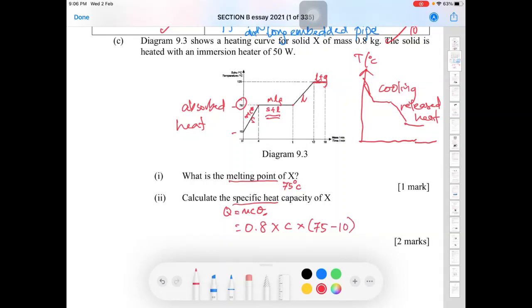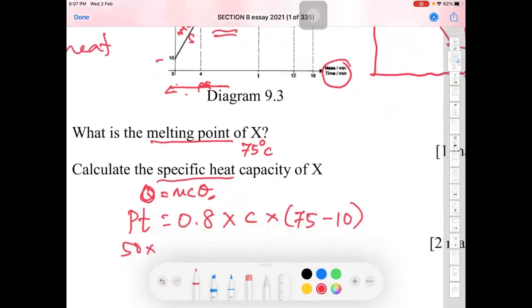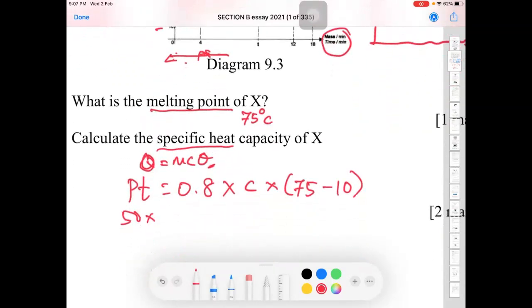See, what about the heat yang you panaskan? You panaskan the X is actually you guna PT. So power dia adalah 50 dan the time is actually apa? So the time dari sini ke sini ni. Ni 0 to 4. Tapi dia dalam minute. Nampak tu? 0 to 4 minute. Jadi dalam minute, of course lah, you kena change the minute, 4 minute times dengan 60 second. So you dapat, untuk dapatkan dalam second.